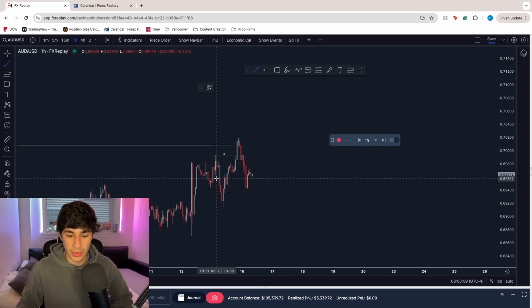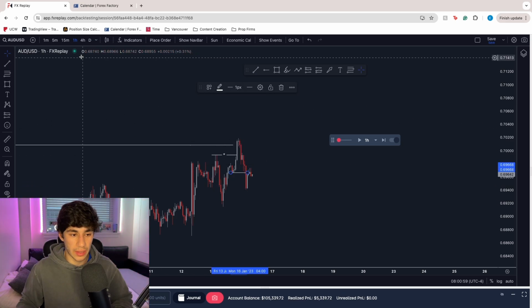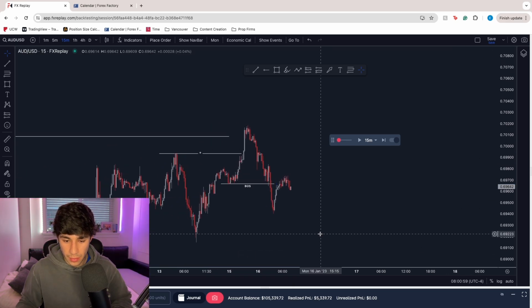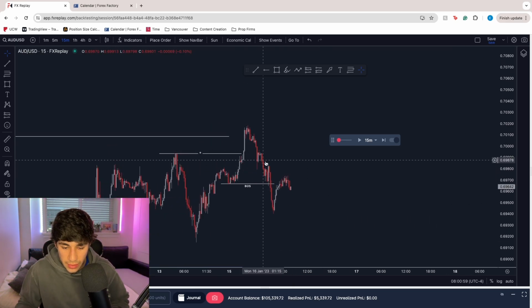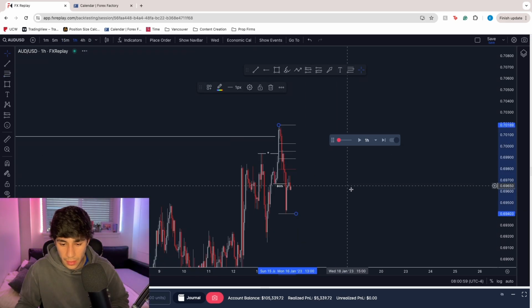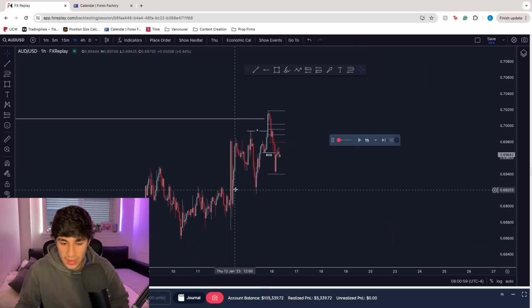We took Friday's high. Then we broke structure in this area. There's a break of structure. So let me see. This was the first break of structure. Yeah, I would like to see a bigger retracement. See, this was the last area.